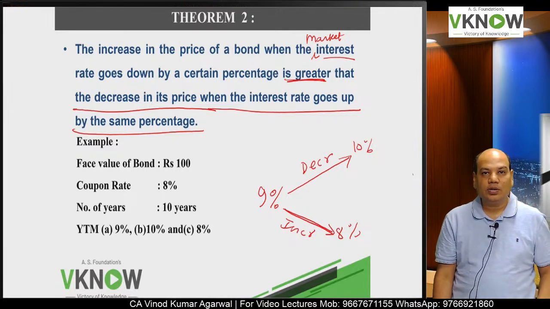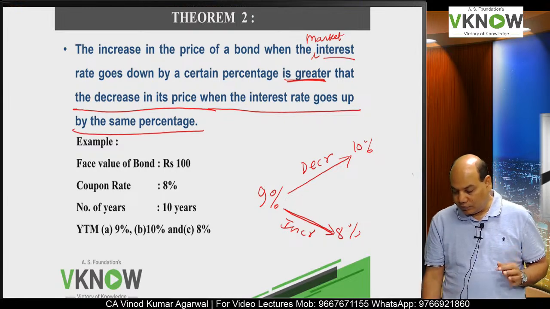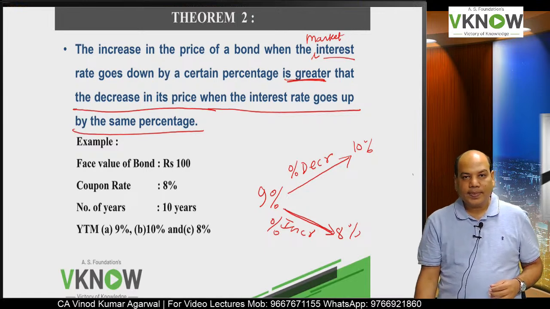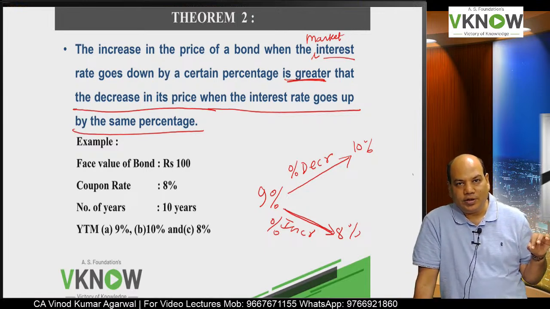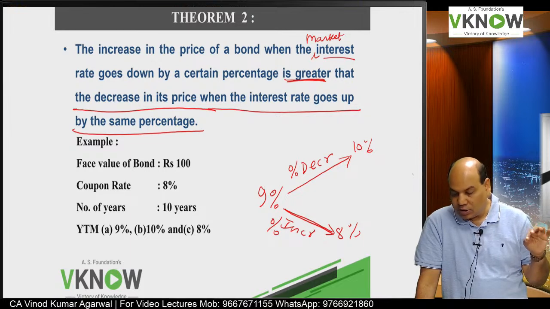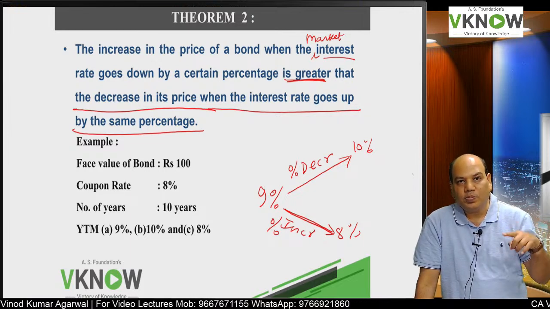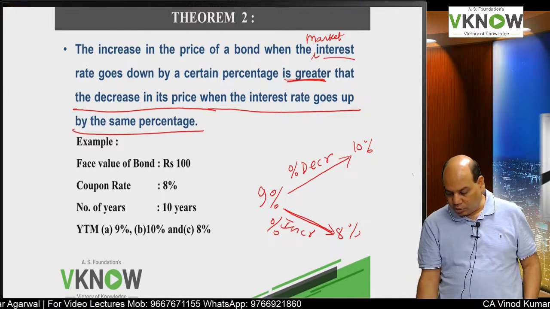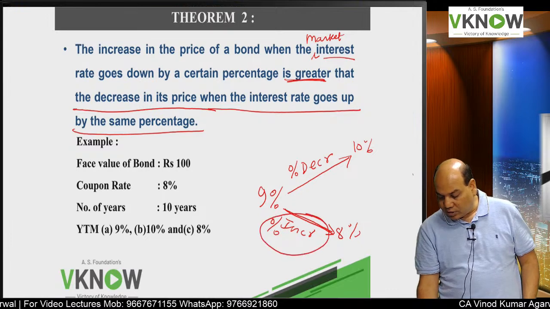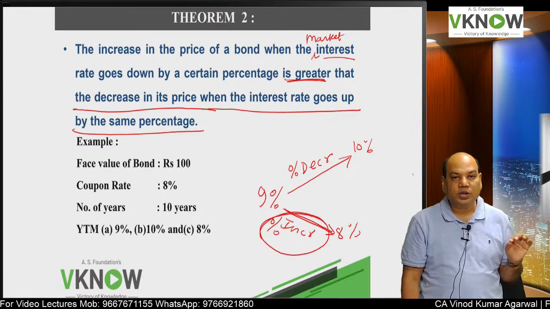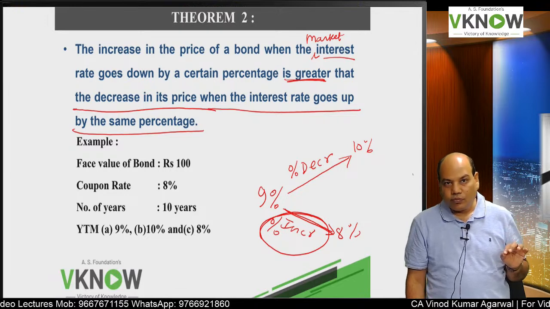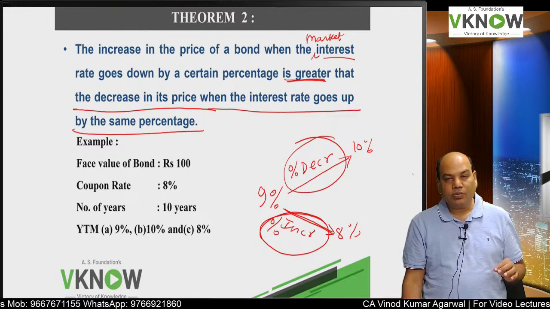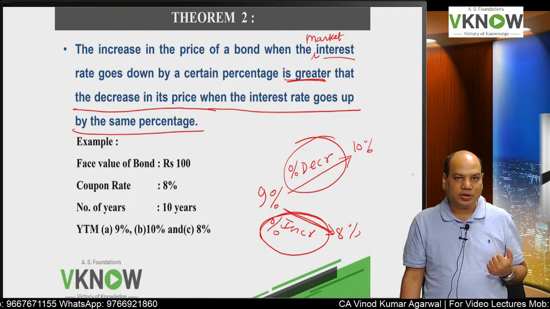Already we have seen. But my question is whether the percentage increase in bond price for 1% fall in YTM will be the same as the percentage decrease in bond price for 1% rise in YTM. The answer is no. The percentage increase in bond price for a 1% fall in YTM will be more than the percentage decrease in bond price when the YTM increases by 1%.